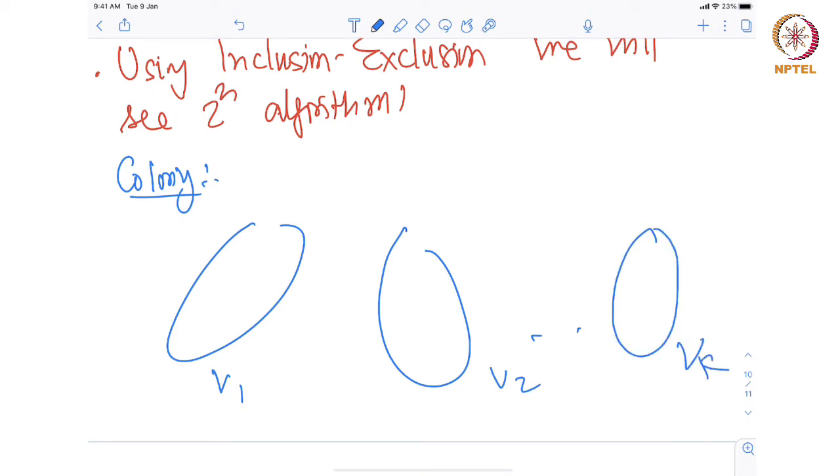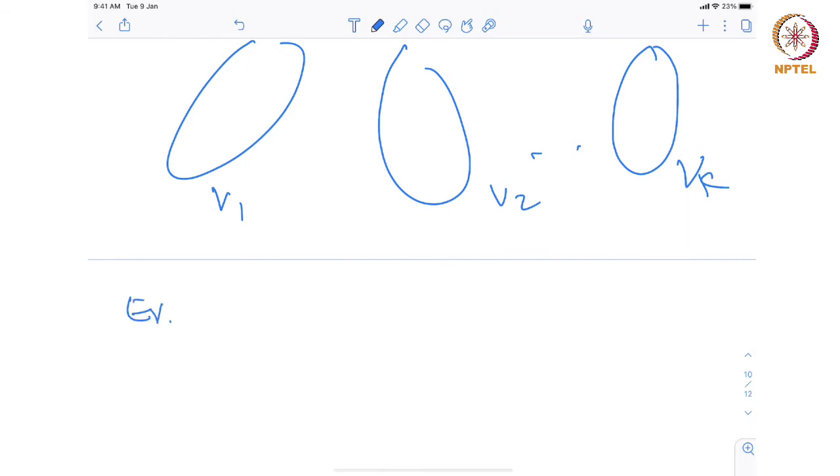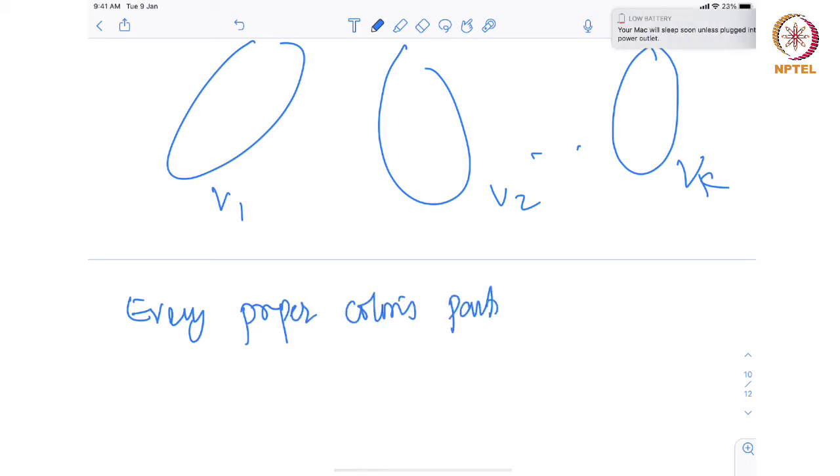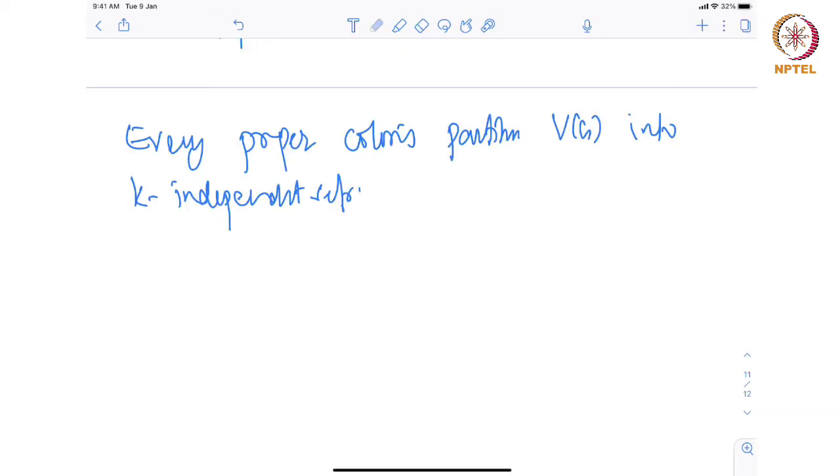Every valid, or say proper, coloring partitions V of G into k independent sets. That's very clear, that every proper coloring partitions V of G into k independent sets.